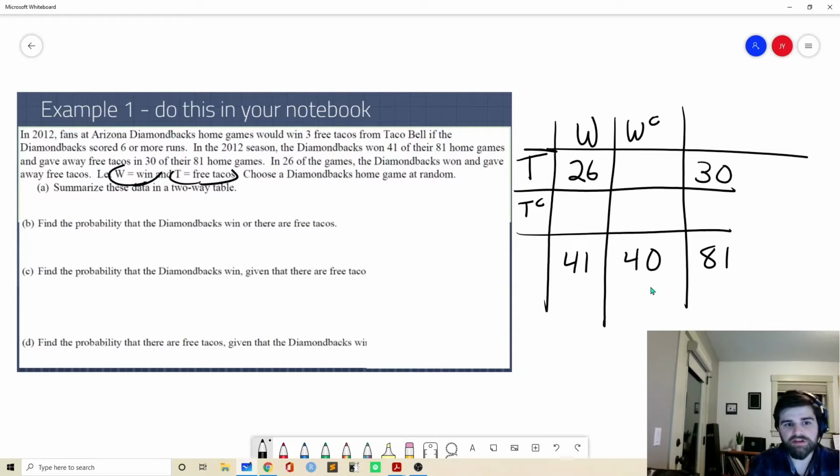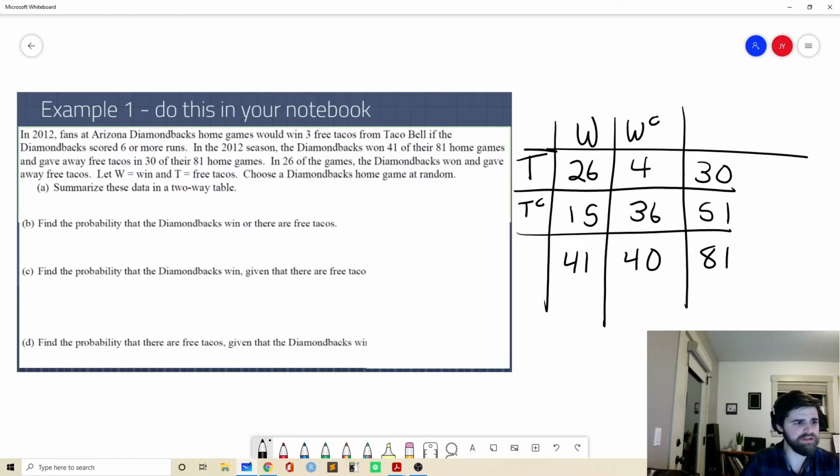So that's 30 tacos, which makes 51 not tacos for that to add up to 81. Okay, so that's the information we were given. I've added this and this just from simple subtraction. We should be able to fill in the rest the same way. So if this adds up to 30, we need a 4 here. We need a 15 here, and then 36. All right, so this two-way table is going to help us answer some probability questions.